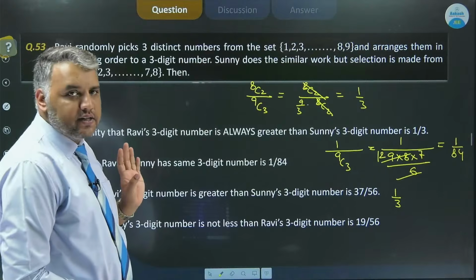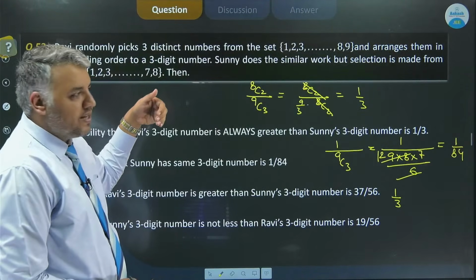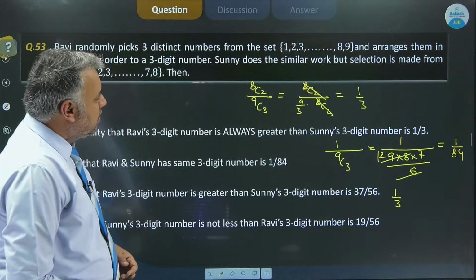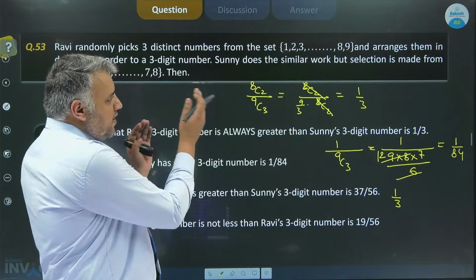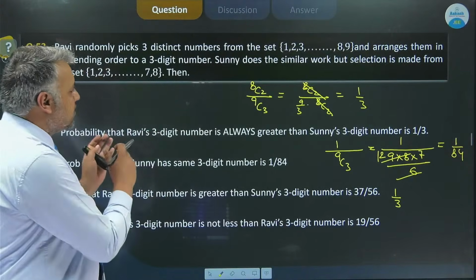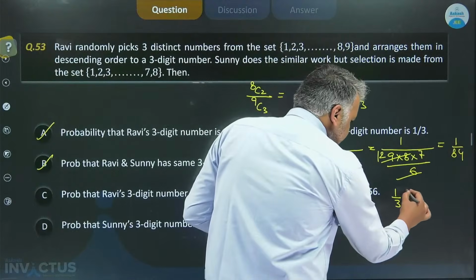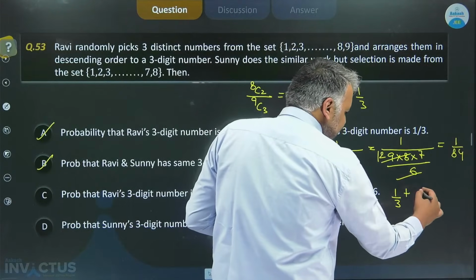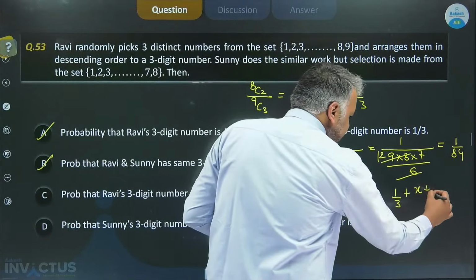Now he and Sunny will be on the same platform to form their 3-digit numbers. So if Ravi is also using 1 to 8, and Sunny is also using 1 to 8, say X is the probability that Sunny's number is greater. So we can say X will be the probability that Ravi's number is greater.